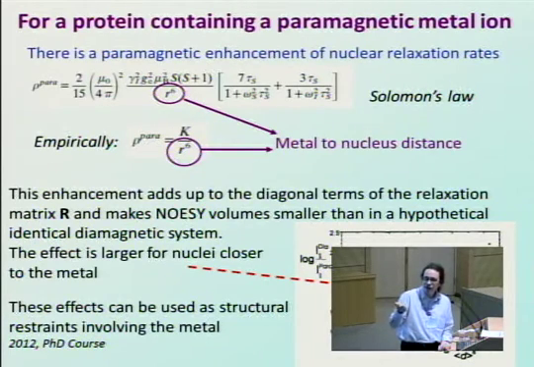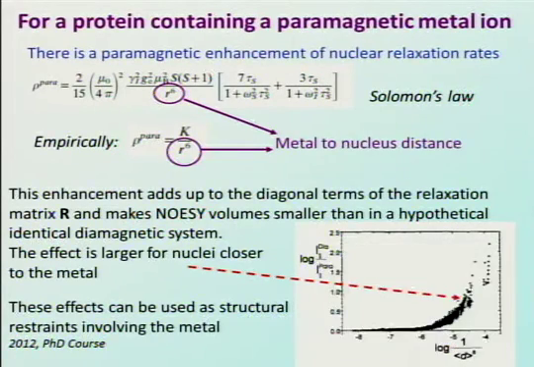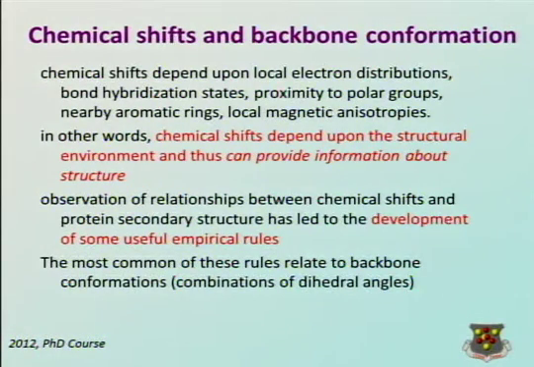So you can get reductions which go from 100-fold to 10-fold to essentially nothing at farther than 6 angstroms in this case.